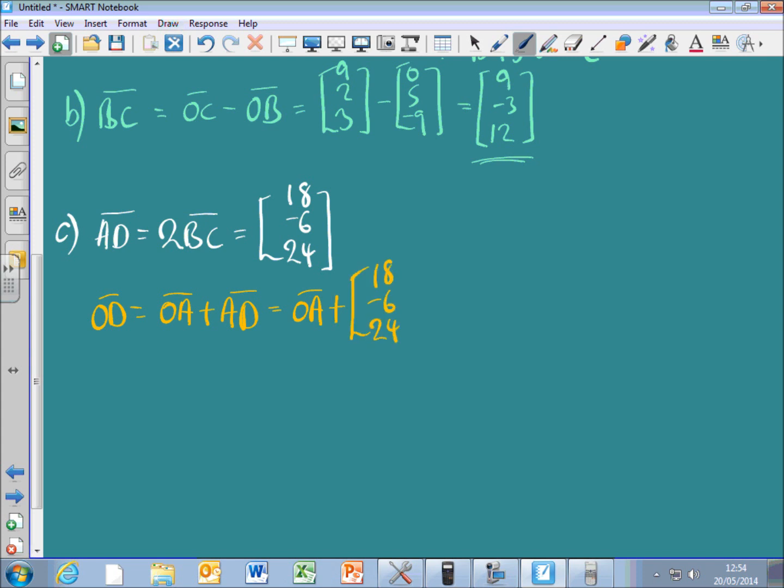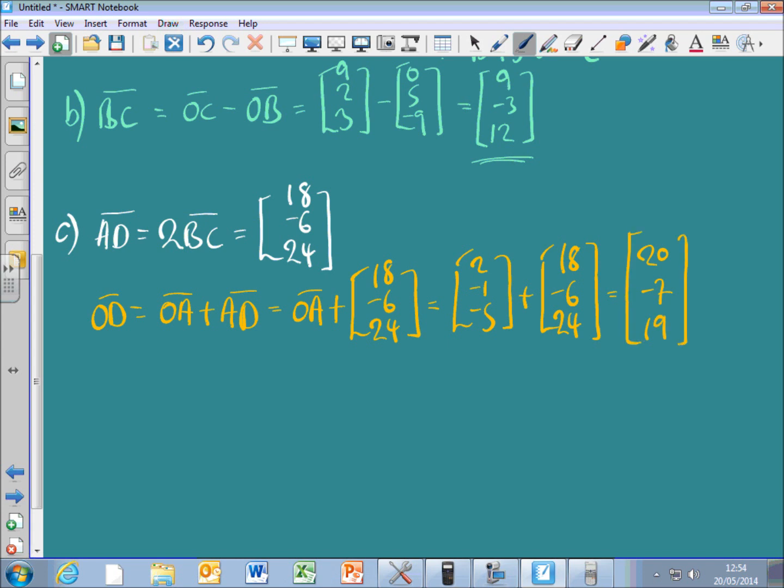So now I just do O to A as well, which is (2, -1, -5), and then I add on (18, -6, 24). And that gives me (20, -7, 19), and that's the position vector of D, and so D has the coordinates (20, -7, 19).